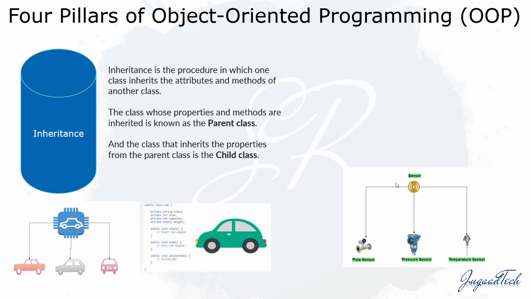If we take an example from the OT world, like a sensor: a sensor is something which senses the process parameter. Now there can be a flow sensor, a pressure sensor, a temperature sensor. They have one common functionality, but they also have their own properties. Like the pressure sensor can sense only pressure, temperature will sense temperature, and flow will sense flow.